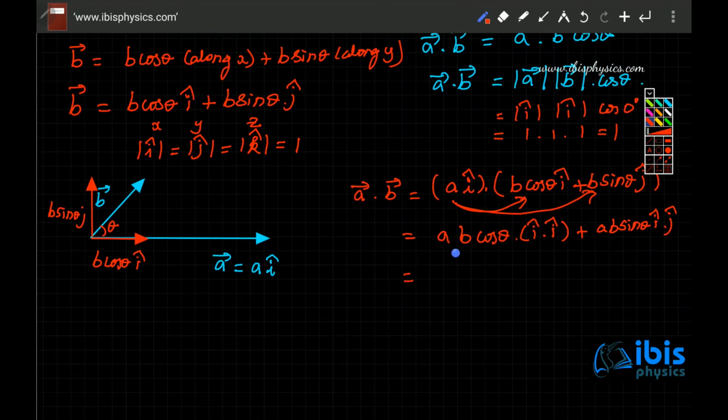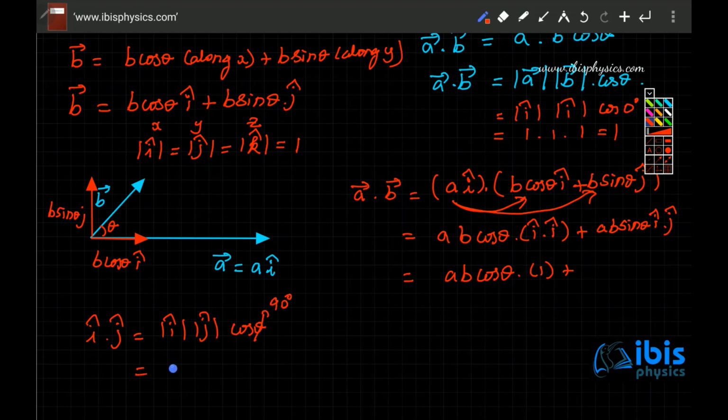So it is AB cos theta into 1 plus AB sin theta i dot j, because j vector is 90 degrees to i vector, right? So i vector dot j vector is equal to modulus i modulus j into cos theta, where theta is 90 degrees. So it is 1 into cos 90, which is 0. So i dot j is 0.